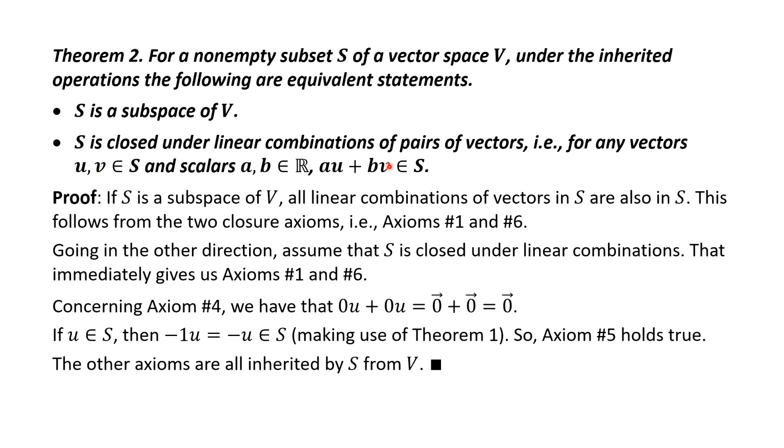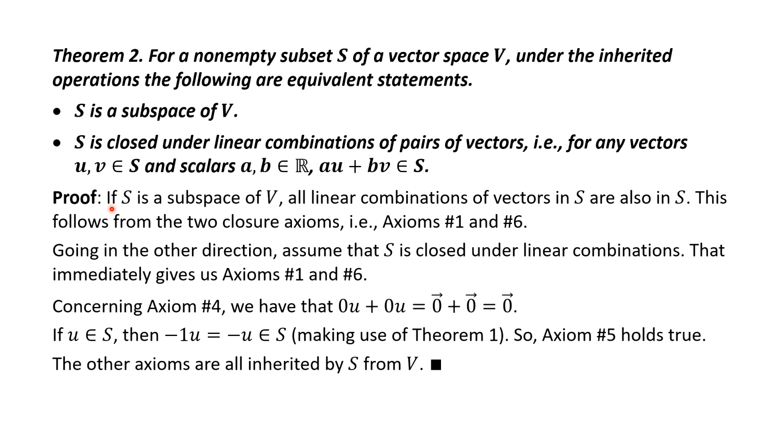If you can show this linear combination is always within your set X, then you have shown the two closure properties. And it turns out from this theorem that means that you have a subspace of V. And of course, if this doesn't hold true, then you don't have a subspace. So let's look at a proof of this.